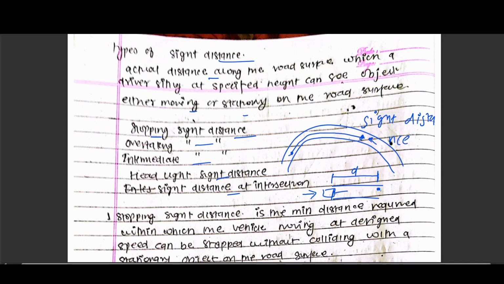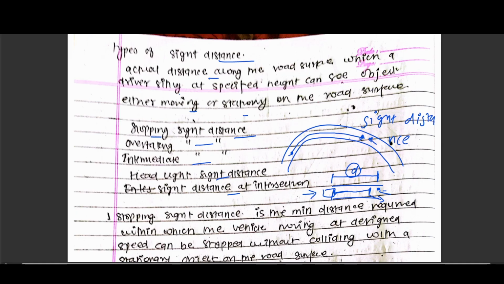After this distance the driver started applying the brake, the vehicle travels up to this distance while the brake works, and the vehicle will finally be at rest. So the distance provided so that after seeing the object the vehicle can apply the brake and safely stop without colliding with the obstacle is known as the stopping sight distance.